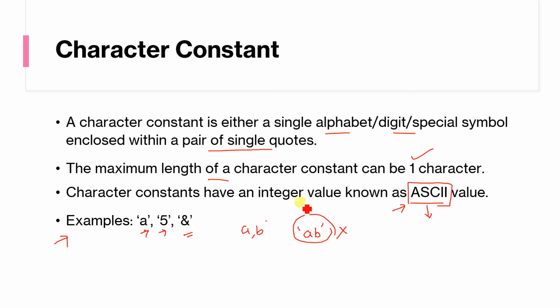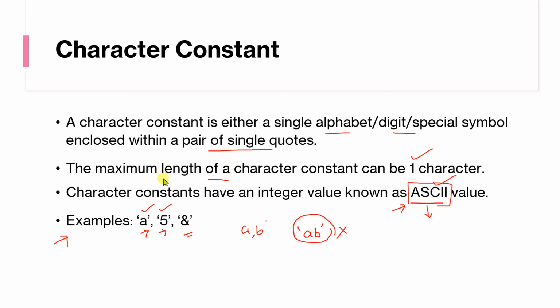To know more about the ASCII values of different characters, you can watch the previous video where I discussed the character data type, and you can understand the ASCII values of different character symbols.